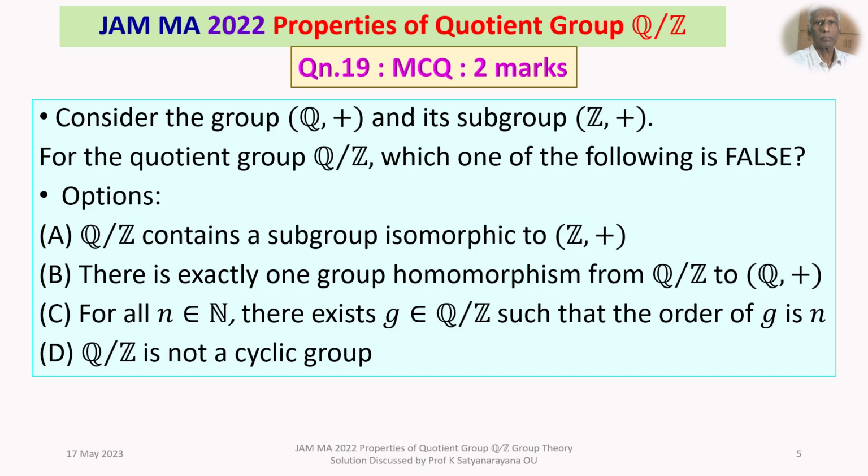Then we have to decide which one of the following 4 statements is false. That means one of them is false and the remaining 3 are true. It is a very important question, and this question is suitable for the CSIR NET examination also.